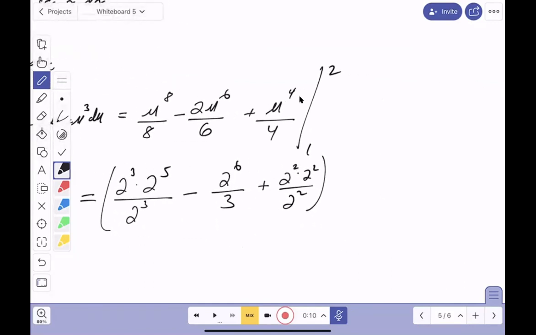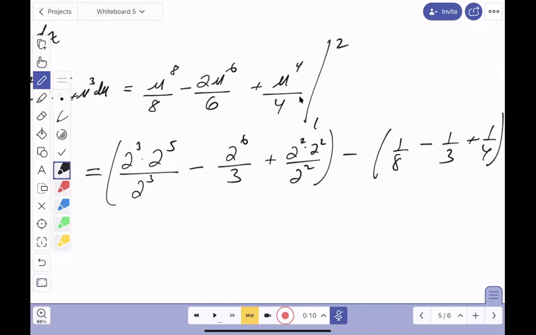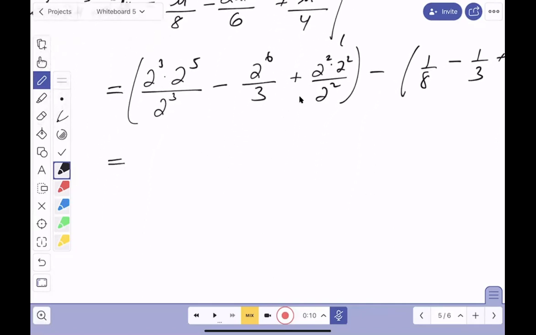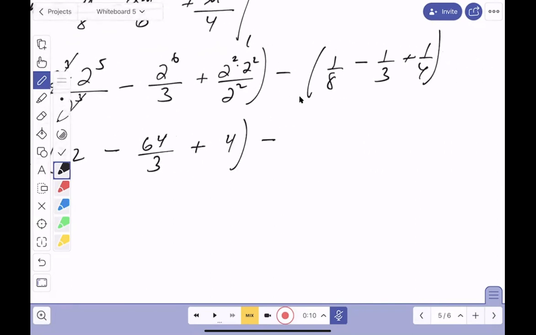And minus, well, this is easy, 1/8 minus 1/3 plus 1/4. Let's do my arithmetic. 2 to the 5th power, because these cancel off, by the way, is 32. 2 to the 6th is 64/3. Plus, well, let's see, that would give me 4. That's pretty simple. And I got to do this over here. It's kind of crazy looking, but I got to do it.